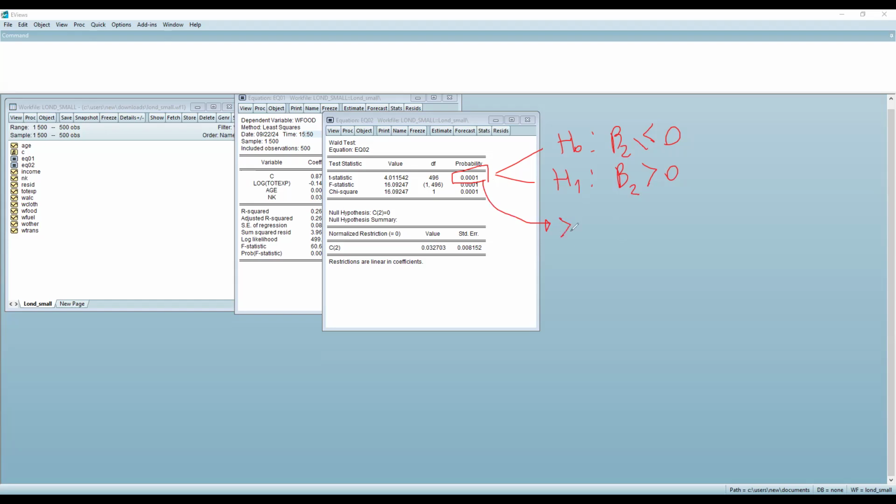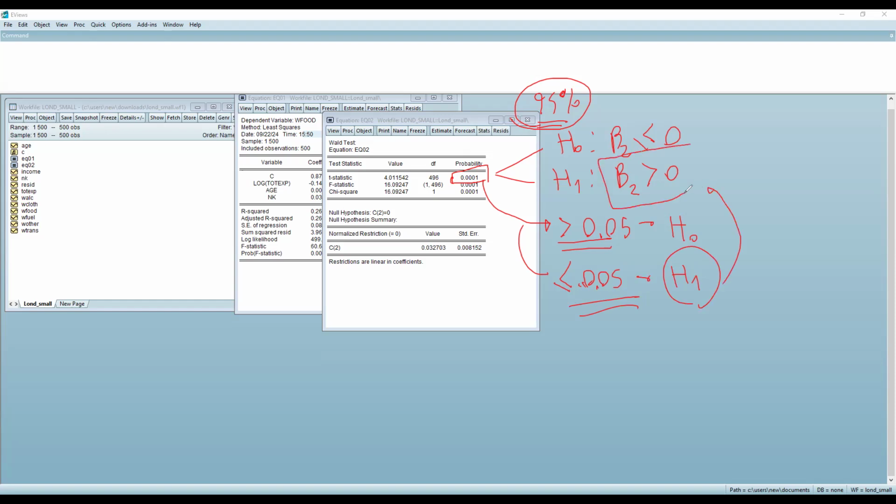If this probability is greater than 0.05, which means at 95%, the most common confidence level that most modelers use, we conclude H naught. But if it's less than or equal to 0.05, we conclude H1, which is this case. So we conclude that beta 2 is greater than 0.